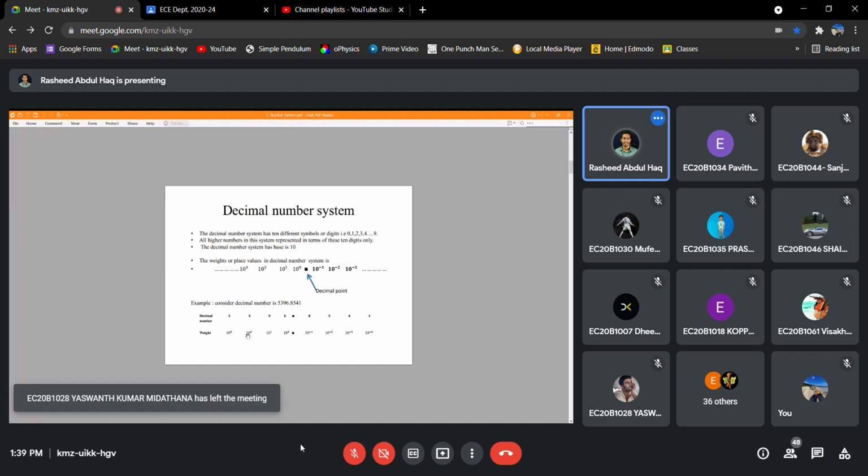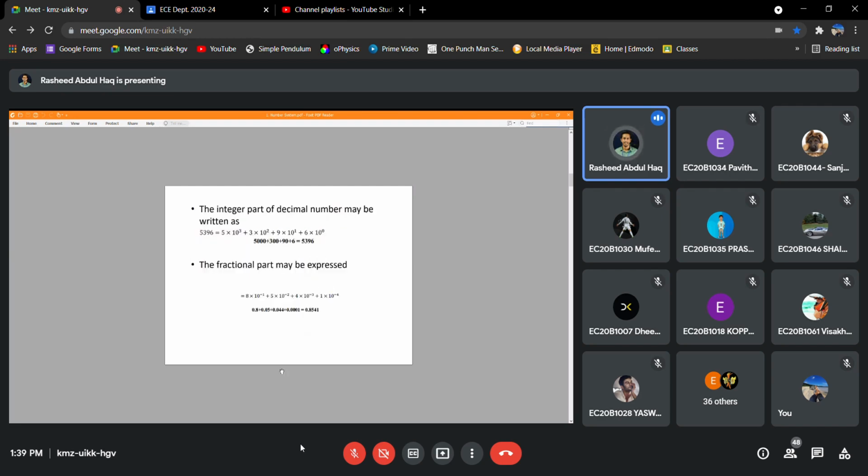For 3 it is 10 squared, that is 100, and for 5 it is 10 raised to 3, that is 1000. Likewise, we can calculate using the weight system. 5396 is calculated as 5 into 10 raised to 3 plus 3 into 10 raised to 2 plus 9 into 10 raised to 1 plus 6 into 10 raised to 0. That's how we get 5396. And the fraction part can be expressed as 8 into 10 raised to minus 1.